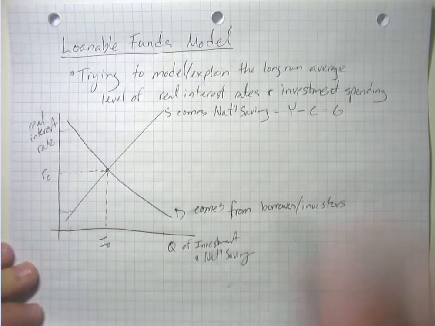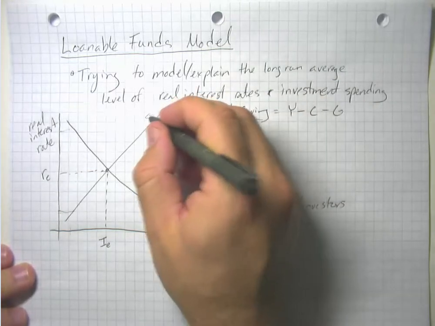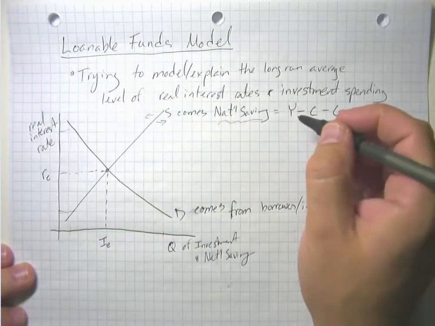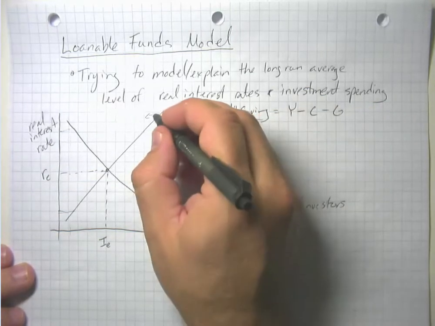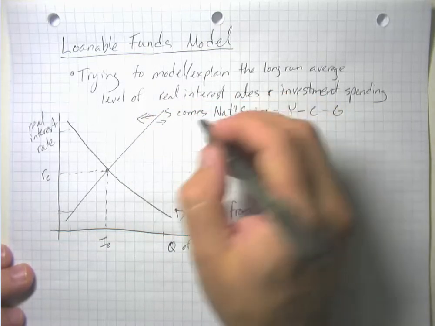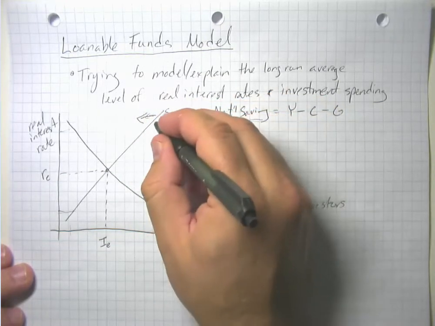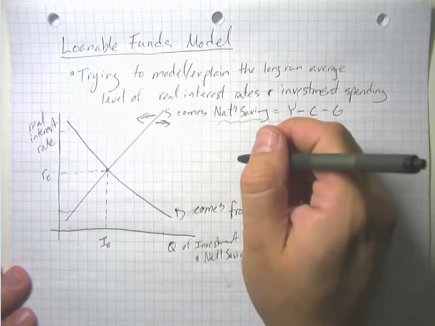So everything we talked about before that shifts national saving is going to potentially shift the supply curve left or right. Something that causes national saving to be lower is going to shift this supply curve to the left. Something that causes national saving to be higher is going to shift this supply curve to the right.